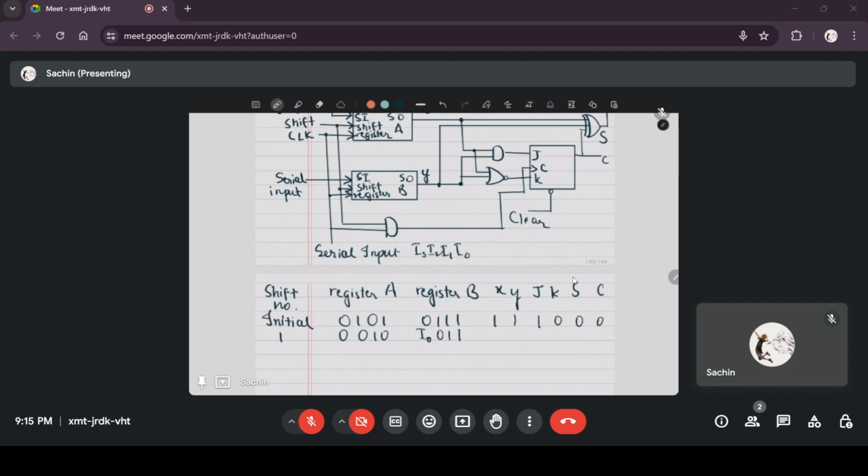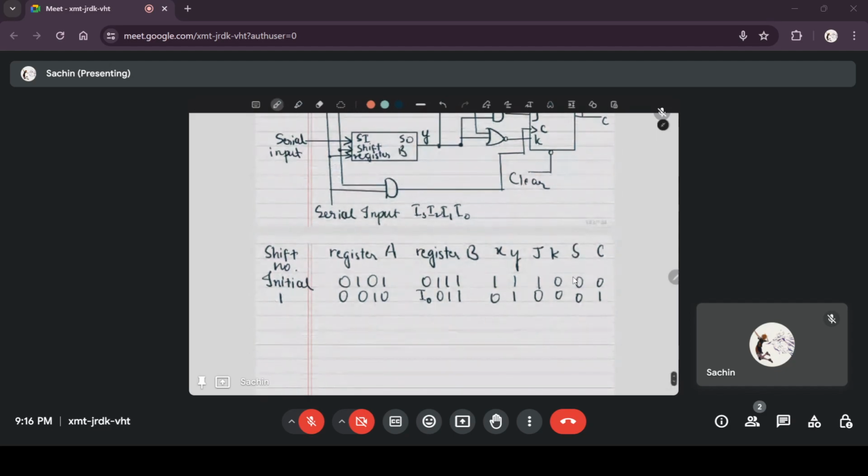Okay, at this stage X is 0, Y is 1, so J is 0, K is still 0. The carry has changed to 1, because in the previous state JK was 1 0. So X XOR Y XOR C is 0. Sum is 0, carry is 1.